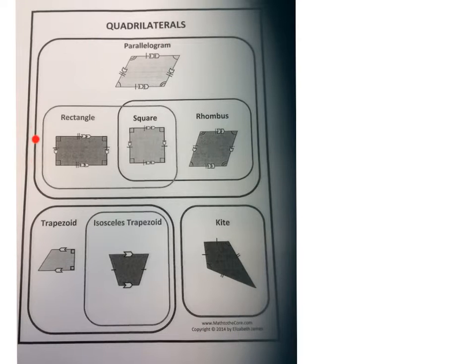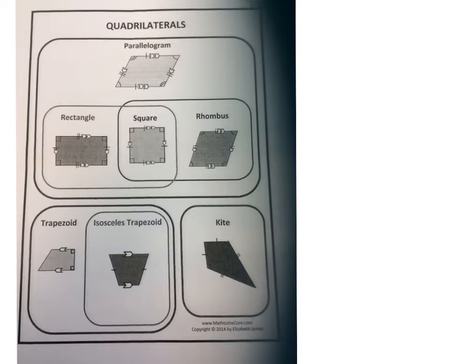In the parallelogram circle, which actually isn't so much a circle, looks more like a rectangle, you have rectangles, squares, and rhombus. This rectangle circle, or oval, is showing that both the square and the rectangle are types of rectangles. This loop is showing that both the square and the rhombus are considered rhombi.